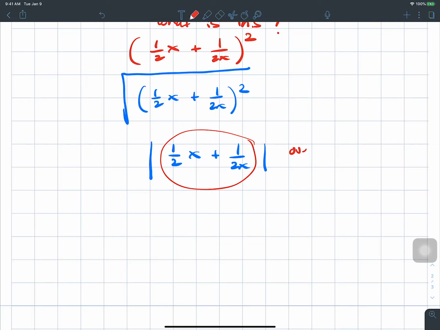Well, since we're integrating from 1 to 2, this function is defined for these values. It's continuous for x values between 1 and 2. So what you may notice is for these values of x, 1/2 x plus 1 over 2x is actually positive.